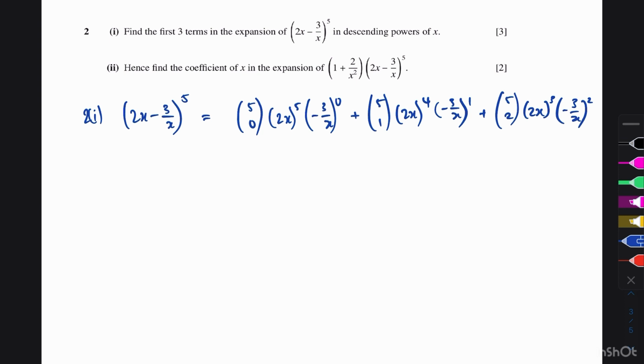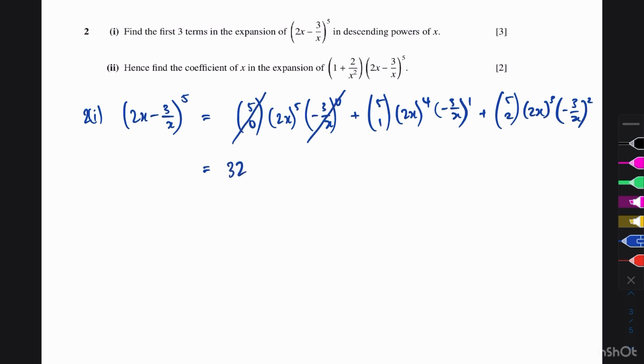So those are our first three terms, and we just want to use our calculator now. Type in 5c0. Oh yeah, obviously that's 1. So this is 1, this is 1.